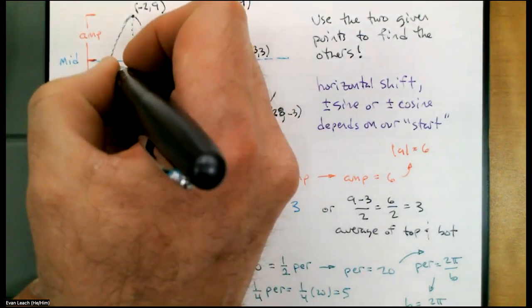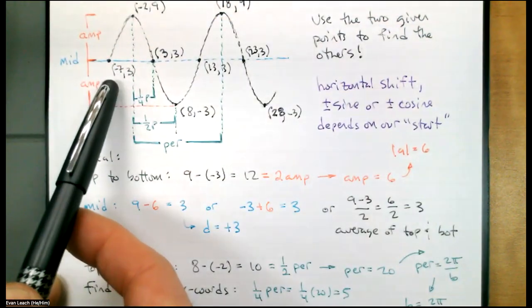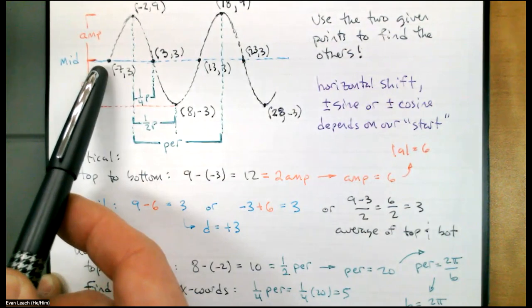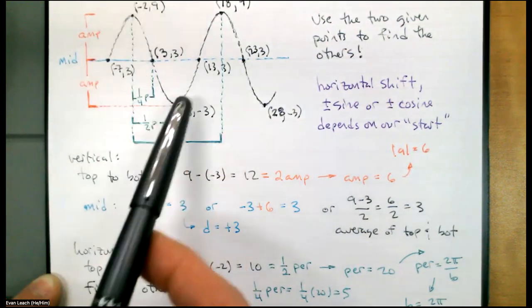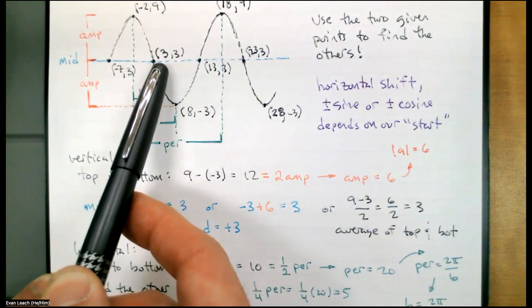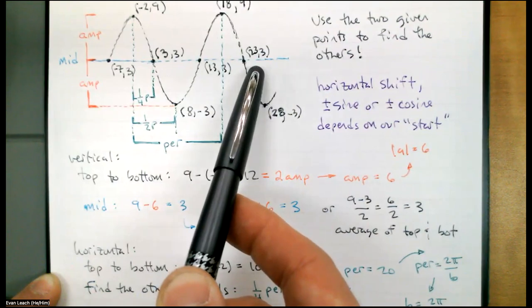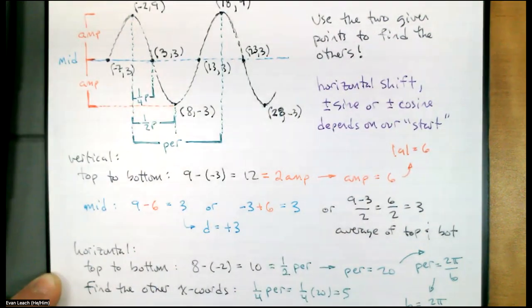Now we should check to make sure that we're in the right locations. If I have this -7, that's at a mid going up. The next mid going up is at 13, 20 units later. Here's a 3 at a mid going down. The next mid going down is at 23. So everything seems to be tracking pretty well.